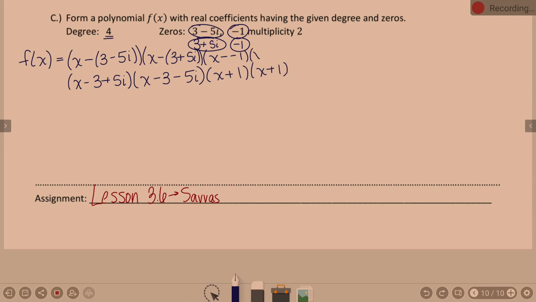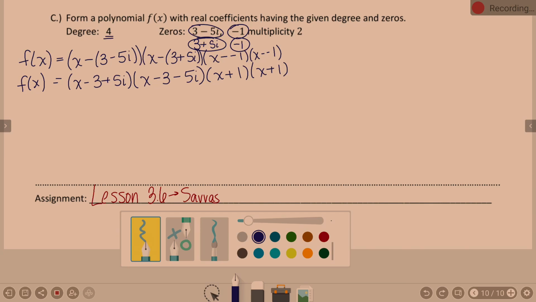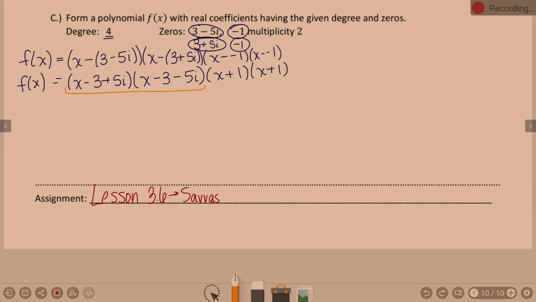Can we write that as x plus 1 squared? You could write it as x plus 1 squared, but then you are tending towards a foiling issue, because we have to FOIL this out. Okay, guys, from there, you know what I'm going to do, yes? We're going to multiply the first two, and then we're going to multiply those two. We're going to get those answers and clean them up, and then we're going to go for a final answer.